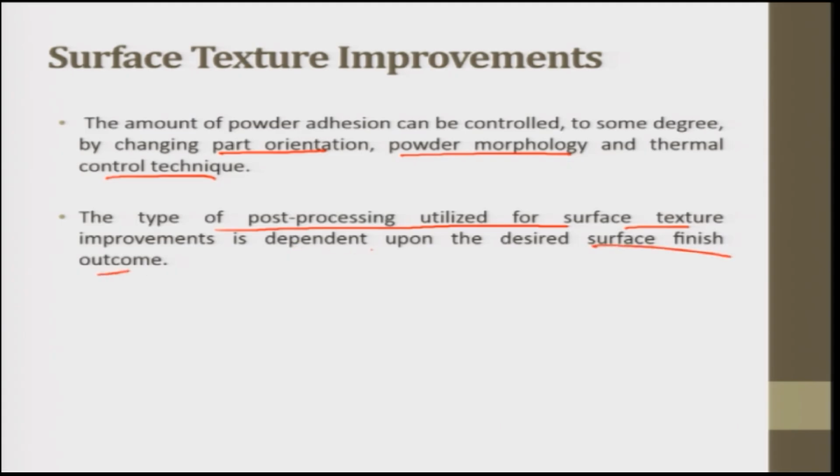If a matte surface finish is desired, simple bead blasting of the surface can help even the surface texture, remove sharp corners from the stair stepping and give an overall matte appearance. But if a polished or glossy appearance is required, then wet and dry sanding and hand polishing are to be performed. So it all depends on to what extent we need the surface finish.